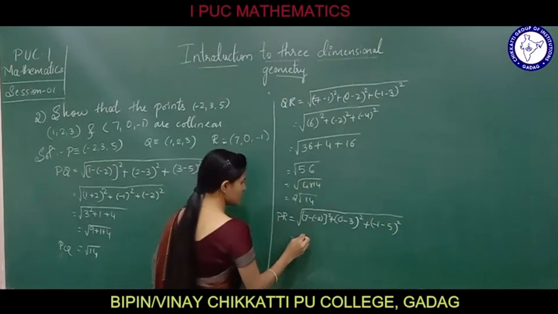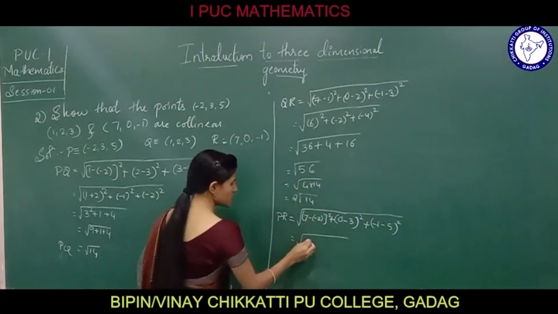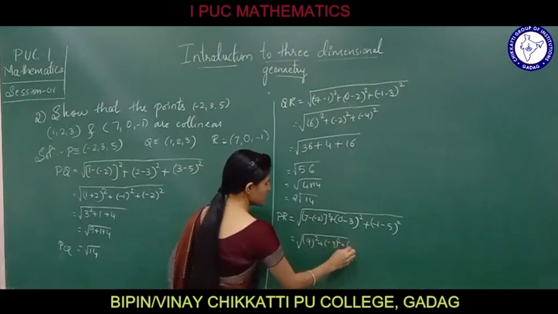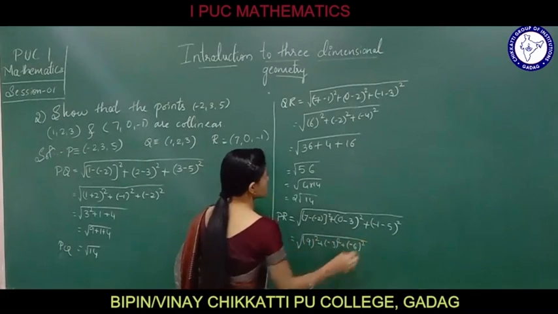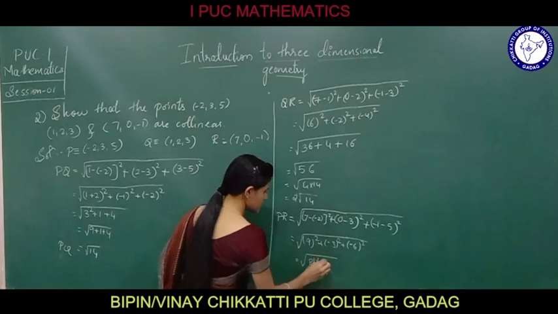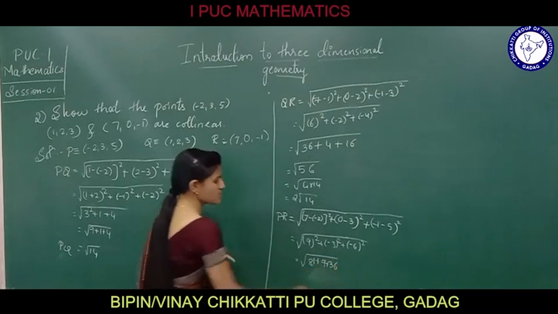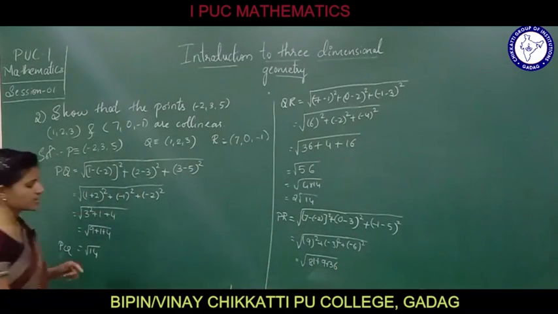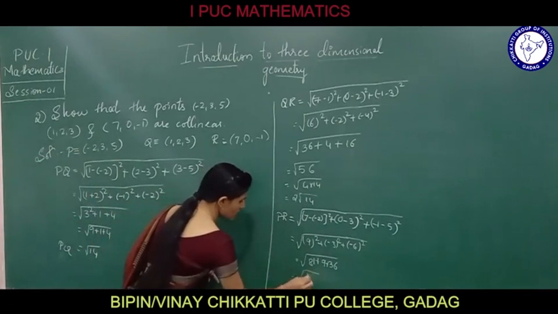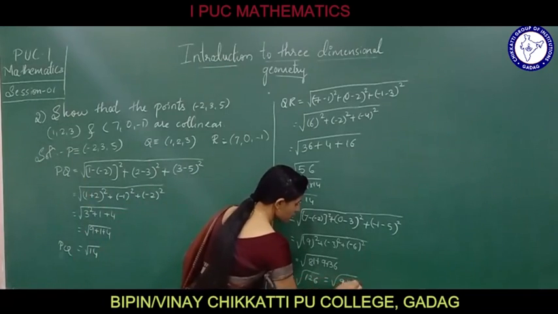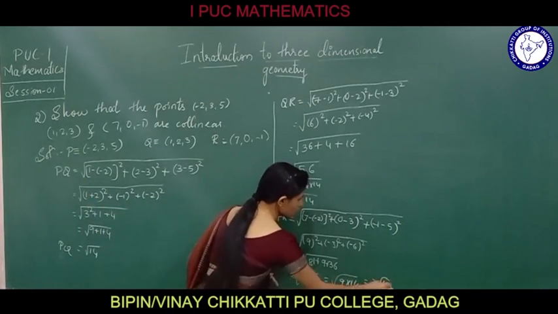Then I am going to get 7 plus 2 is 9 square plus minus 3 square plus minus 6 square. That is 9 square is 81, plus 3 square is 9, plus 6 square is 36. I got 81 plus 9 plus 36, which is root of 126. This I can write as root of 9 into 14, nothing but 3 root 14.